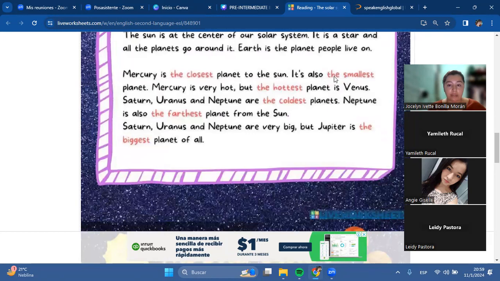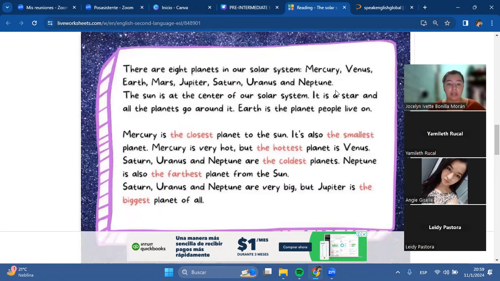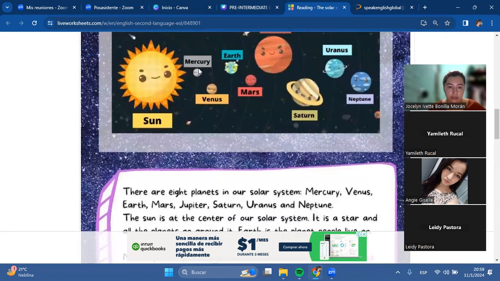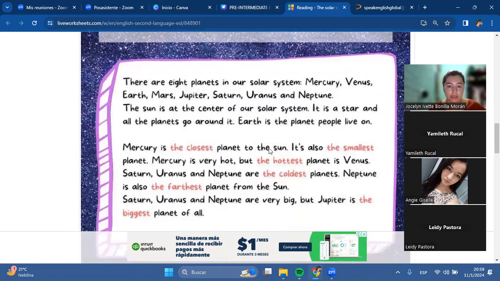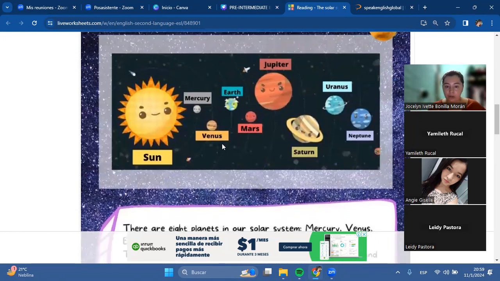And we have the smallest, and it says that it's also the smallest planet. So they are talking about the size of Mercury, the smallest one, and about the hottest. The hottest one, it says, is Venus. All right, this is the hottest one.